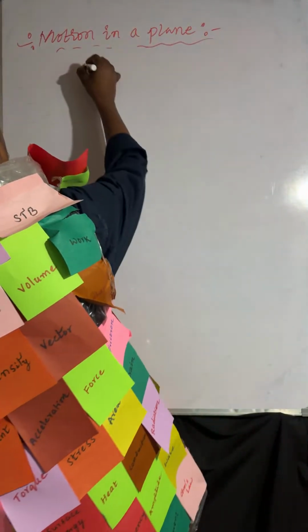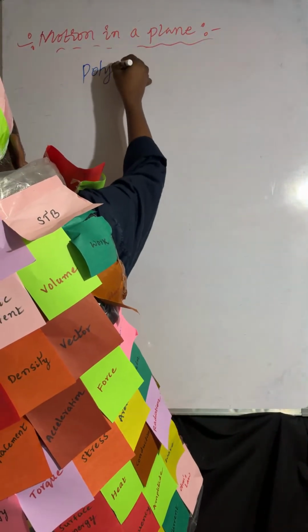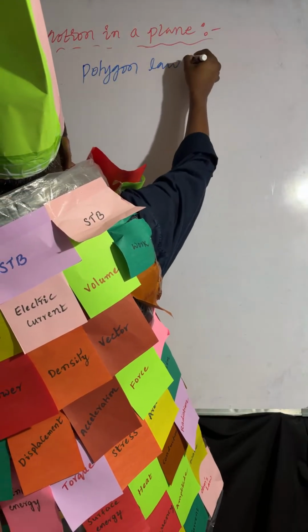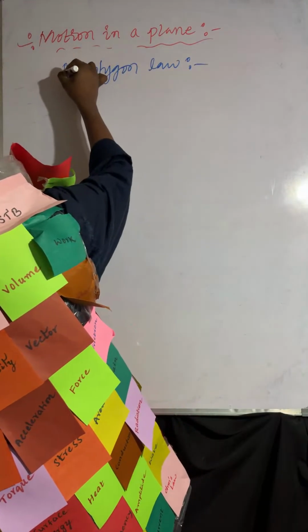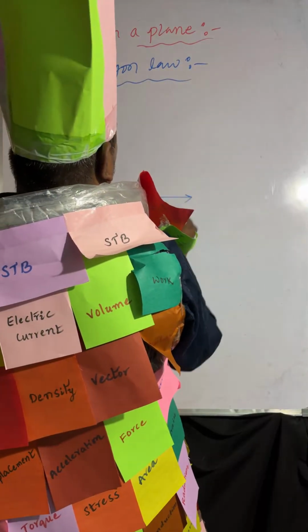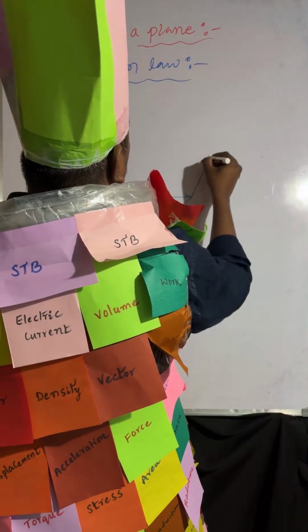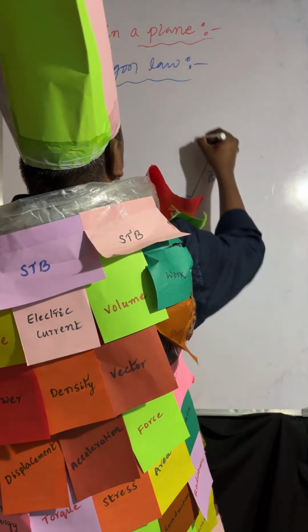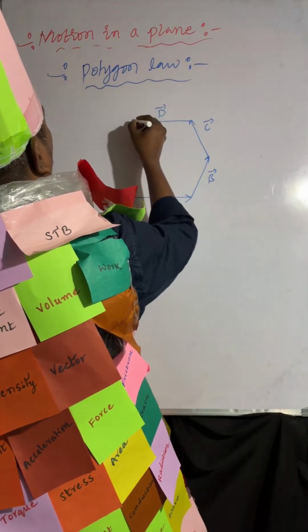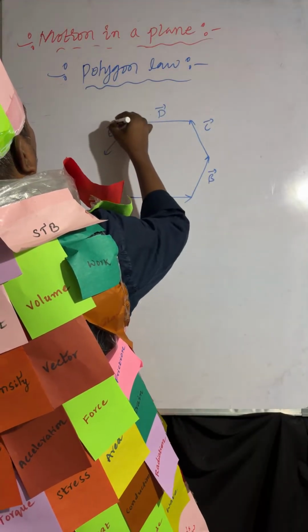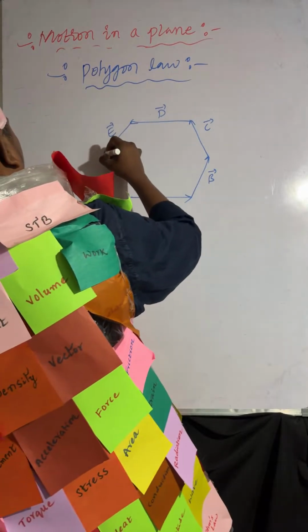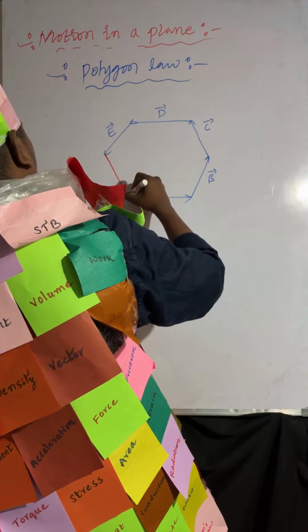So, polygon law of vectors. Polygon law is nothing but: vectors a bar, b bar, c bar, d bar, e bar, and f bar acting along this direction.